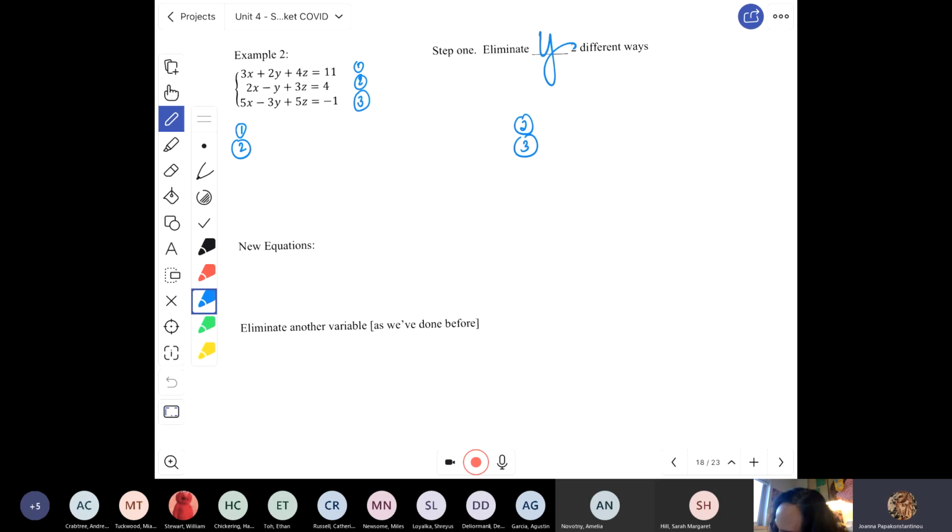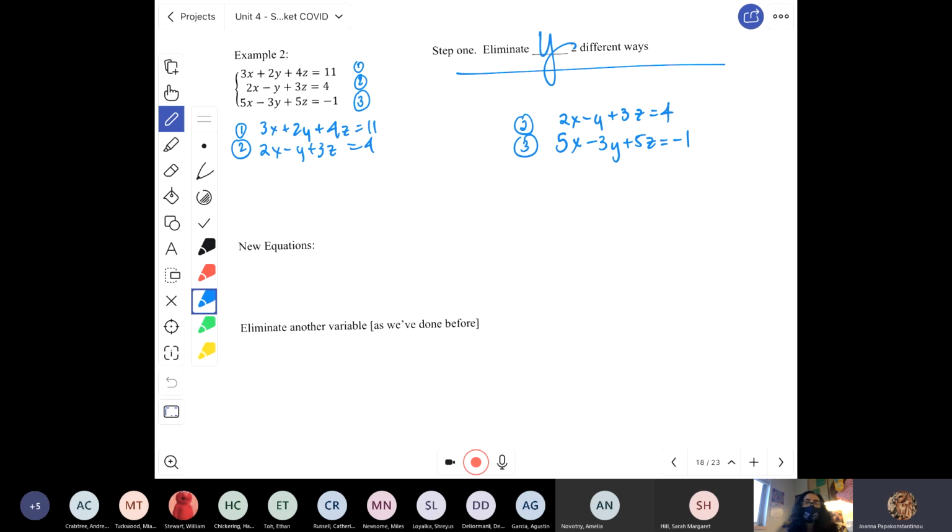So let me rewrite my system based on the equations I have chosen. Equation 1 and equation 2, and then I've chosen equation 2 and equation 3. So my first step is to state which variable you're eliminating, so I know what you're trying to do.